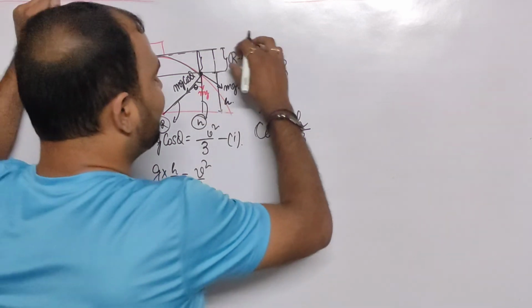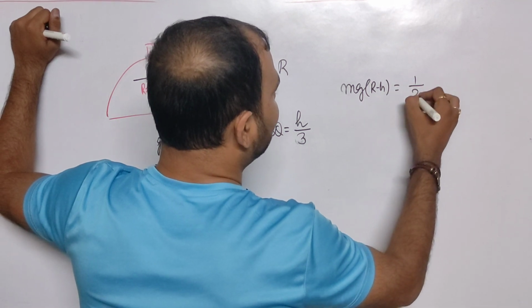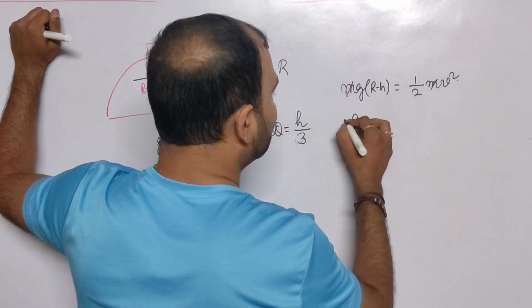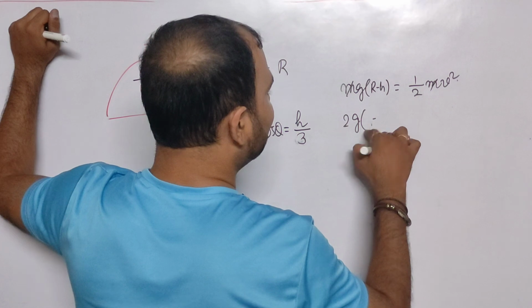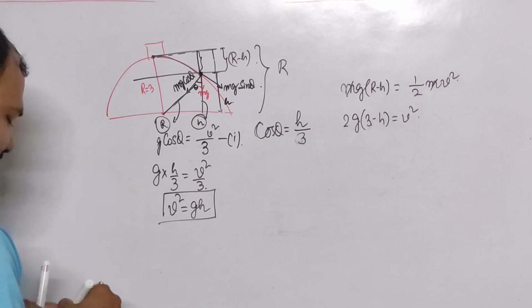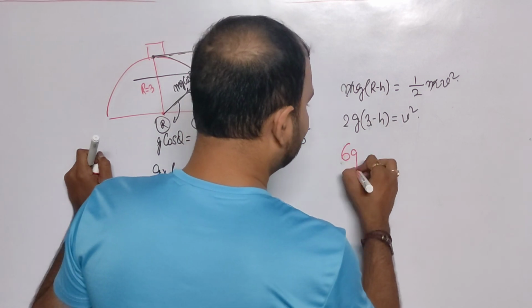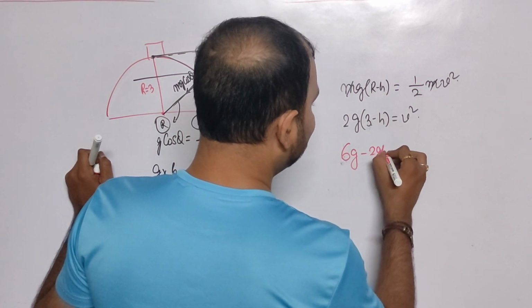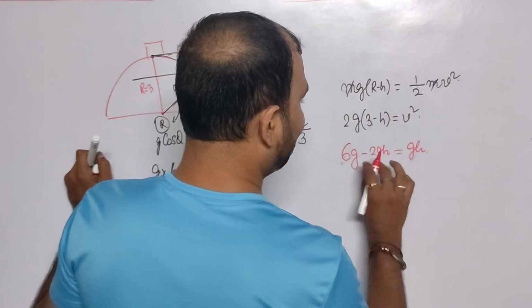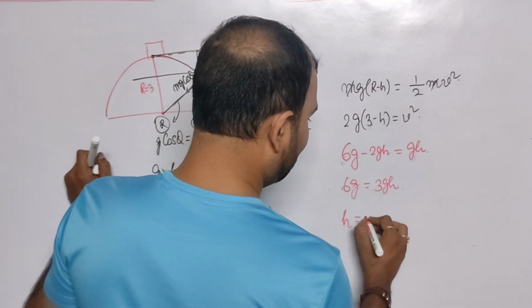What is the potential energy at this point? mg(r minus h), and it will be converted into kinetic energy, half mv square. m gets cancelled out. 2g(3 minus h) equals v square, and v square equals gh. So 6g minus 2gh equals gh. If you move this, 6g equals 3gh, h equals 2 meter.